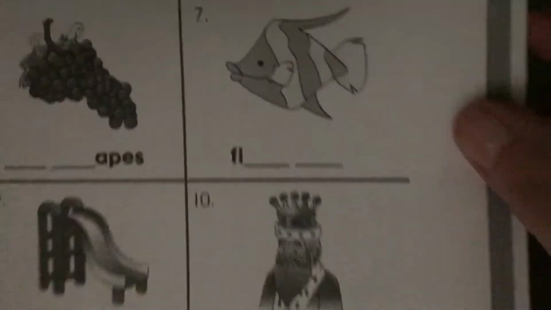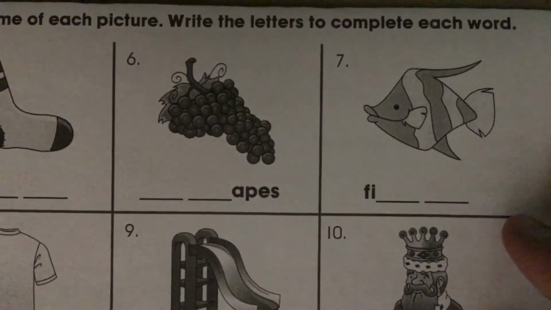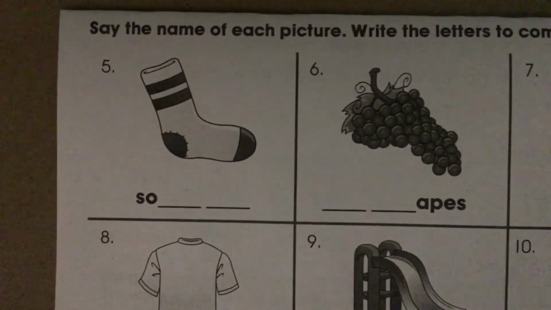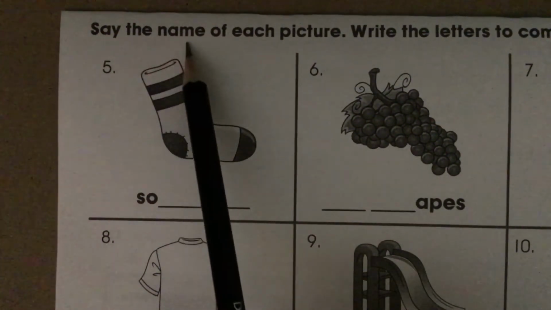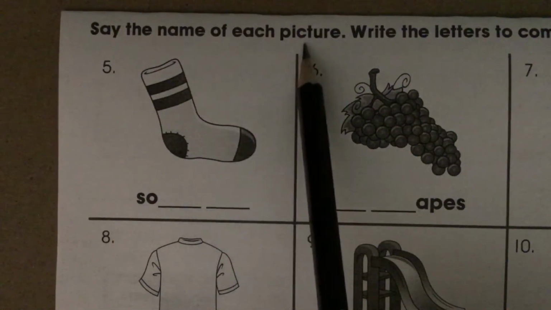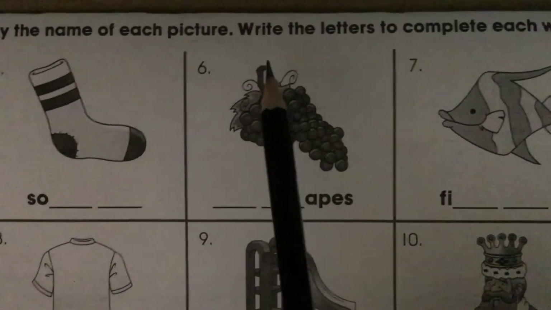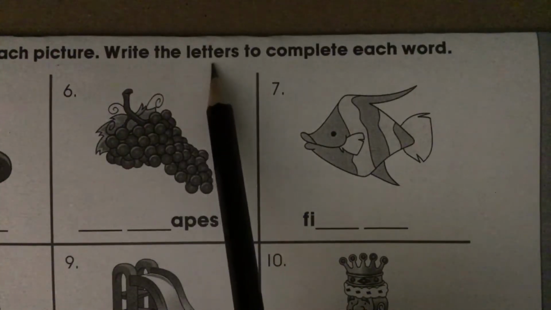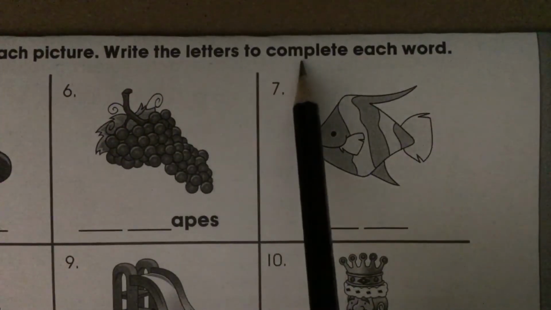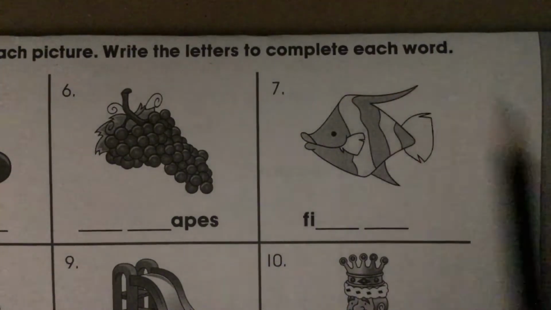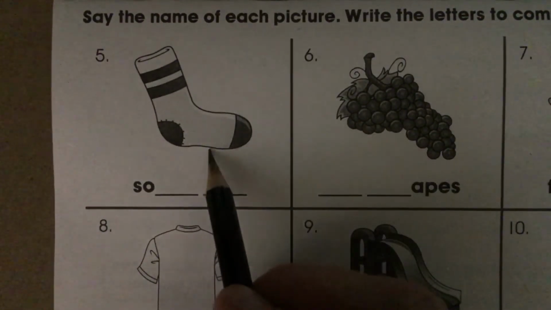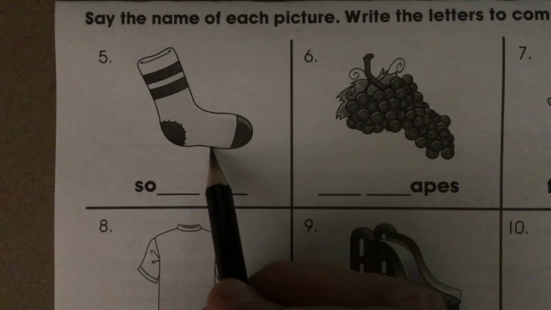Next, we are going to say the name of each picture. Then we will write the letters to complete each word. Number 5, I'm going to say the name of the picture. Sock.